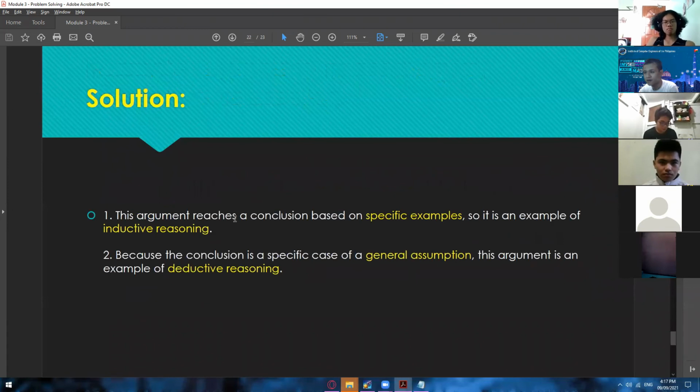So this one is inductive reasoning because we base it on specific examples, and number 2 is deductive reasoning because we have a general assumption. If this were real data, maybe 5 or 10 households, you could say it's inductive reasoning. But since it's only one principle, one assumption, then that is deductive reasoning.